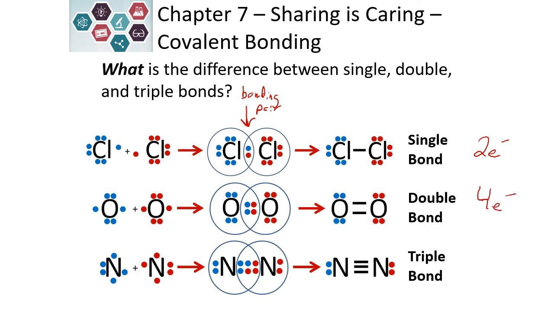Nitrogen, which has 5 valence electrons, needs to share 3 additional electrons in order to form 8 electrons in its outermost shell. So those 6 shared electrons between the 2 nitrogens is a triple bond, which both share and count towards each nitrogen.